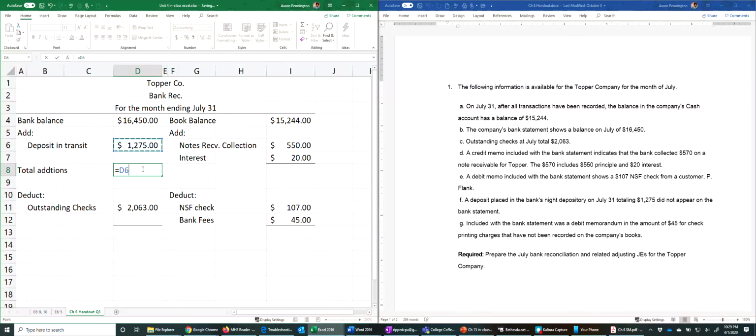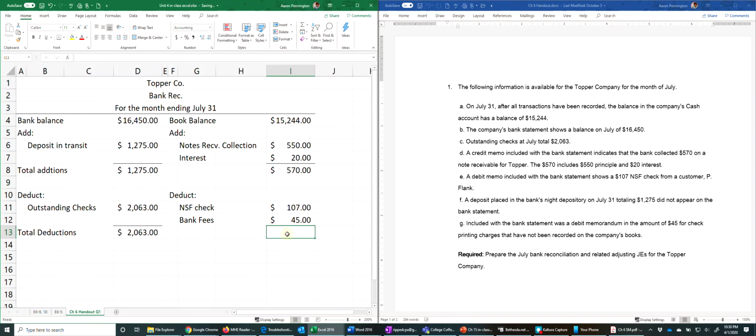Total additions, total deductions, and then we'll have the adjusted balance.